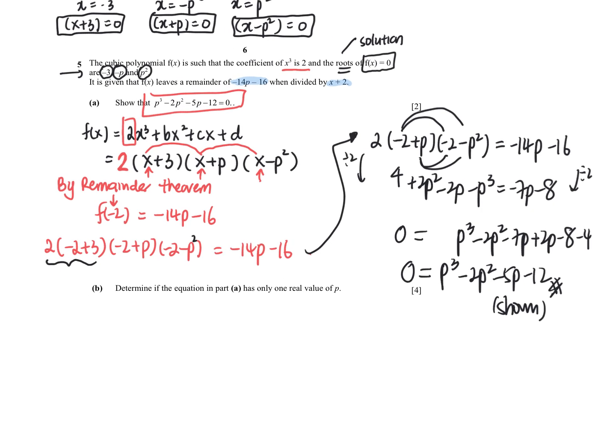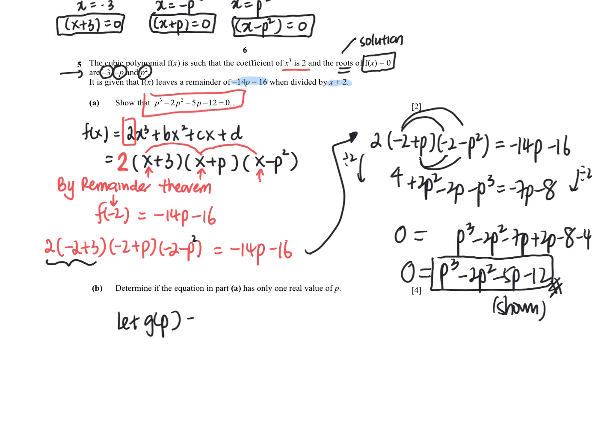Okay, they say determine if the equation in part A has only one real value. So if you look at it very carefully, you want to show that there is only one solution in this equation. So I can first let this be G of p.